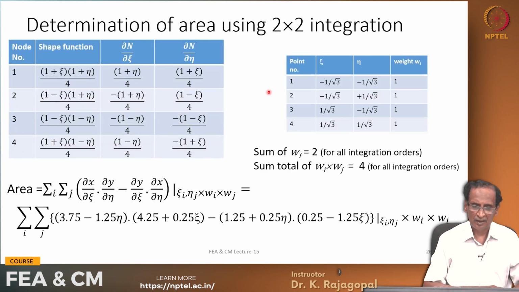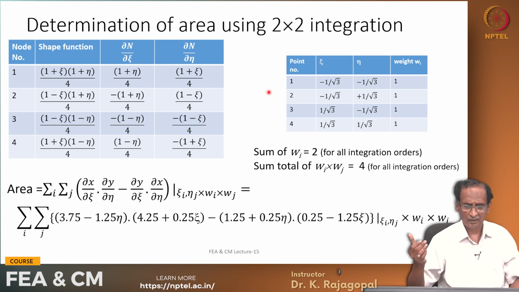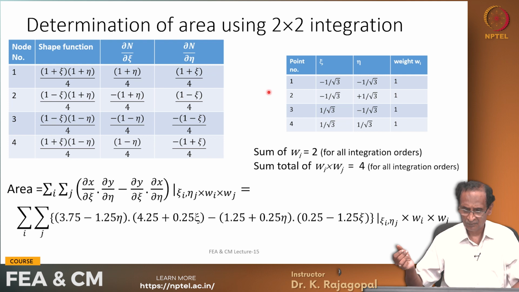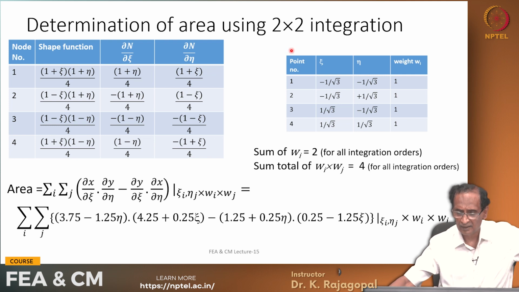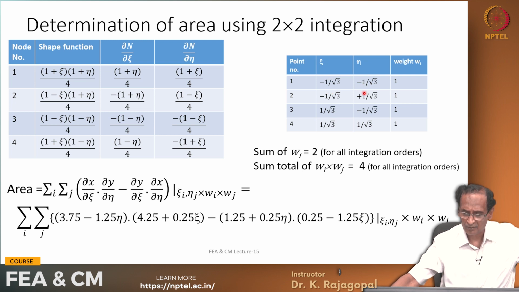And let us see if you apply higher order of integration like 2 by 2 or 3 by 3, whether you get any different answer. But of course, it is a tedious process. With 2 by 2 integration, our sampling point locations are minus 1 by root 3, minus 1 by root 3, and the weight factor is 1, and minus 1 by root 3, plus 1 by root 3, and so on. Okay.